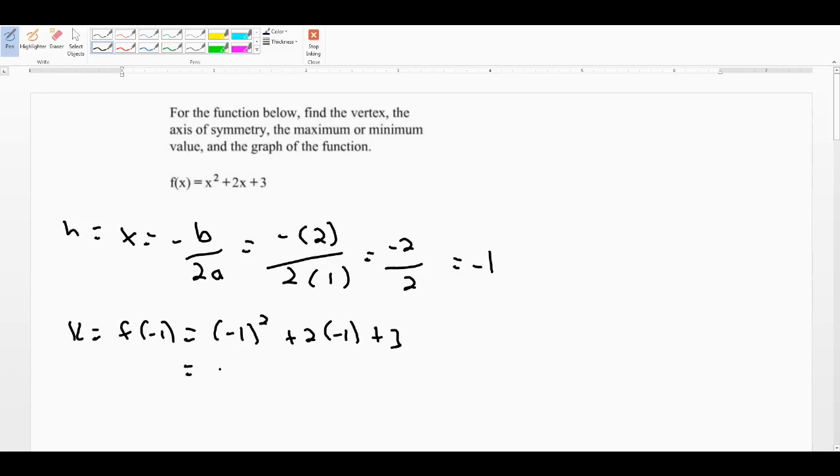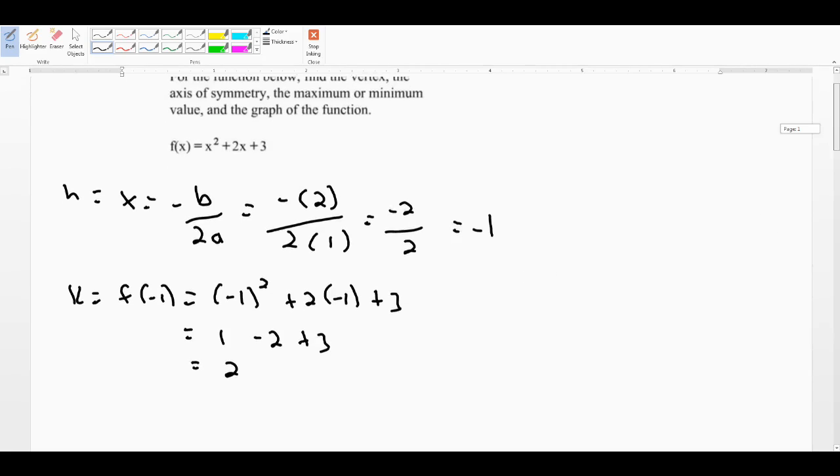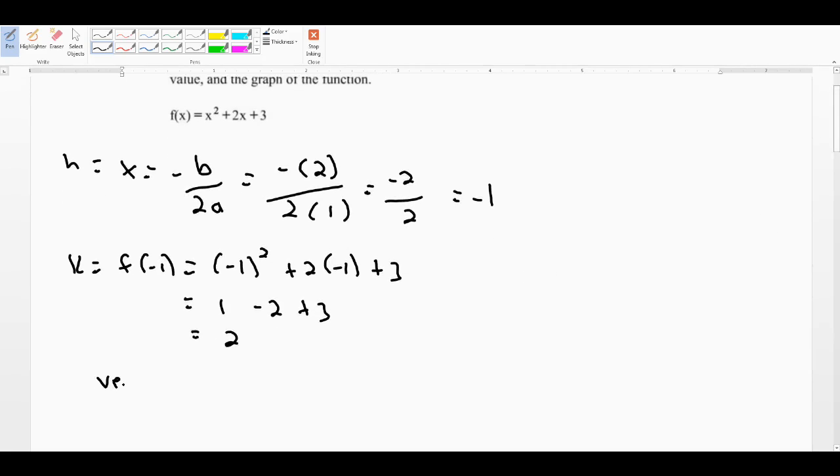And when we do that, we get 1 minus 2 plus 3. And then 1 minus 2 is negative 1. Negative 1 plus 3 is 2. So our vertex is negative 1 comma 2.